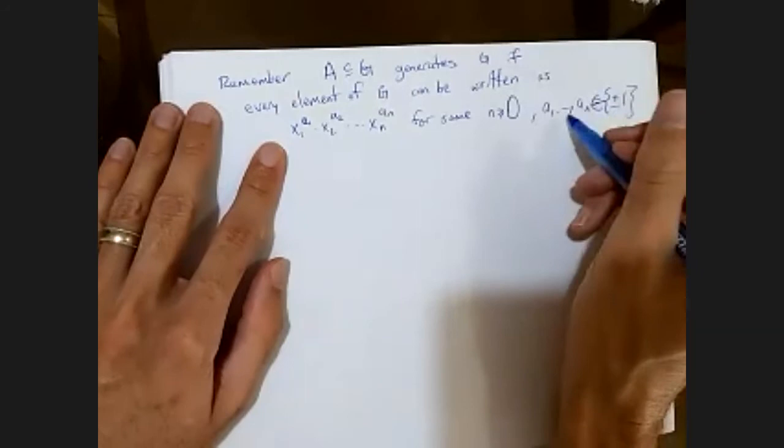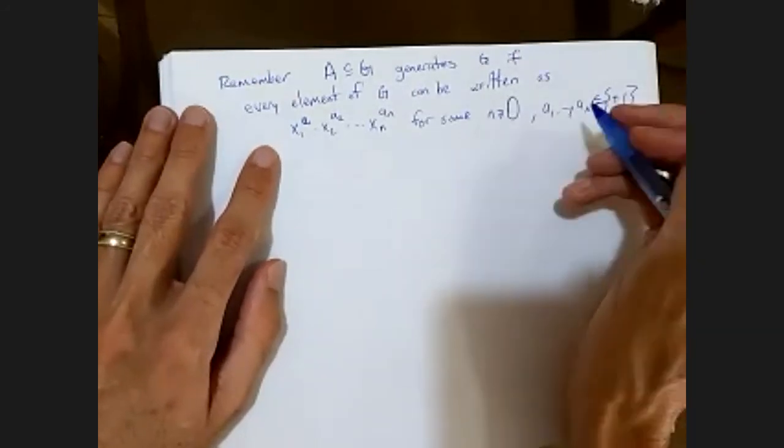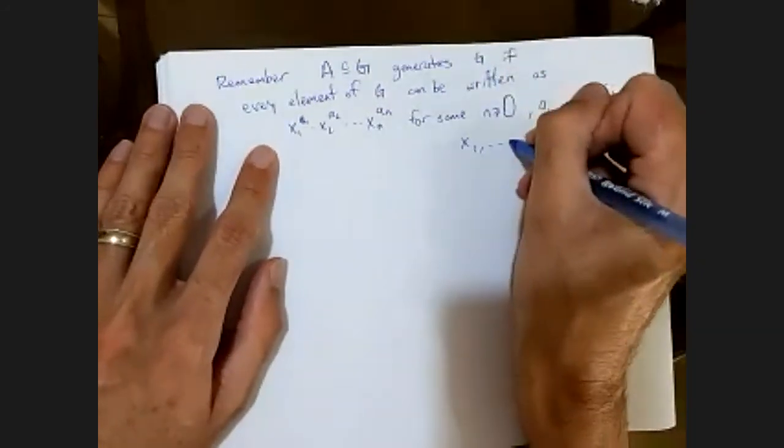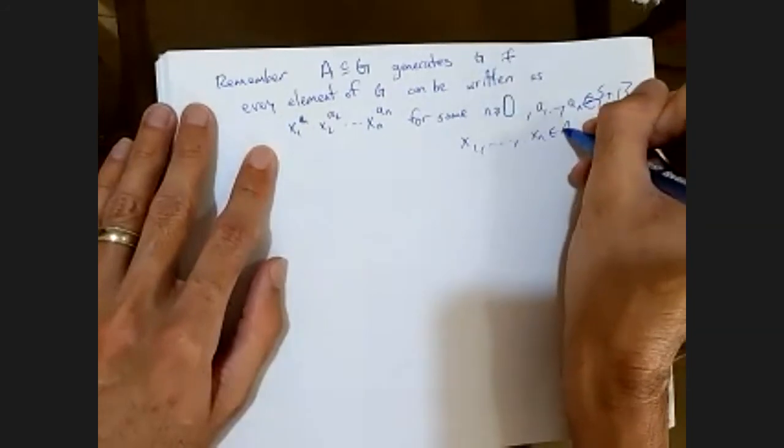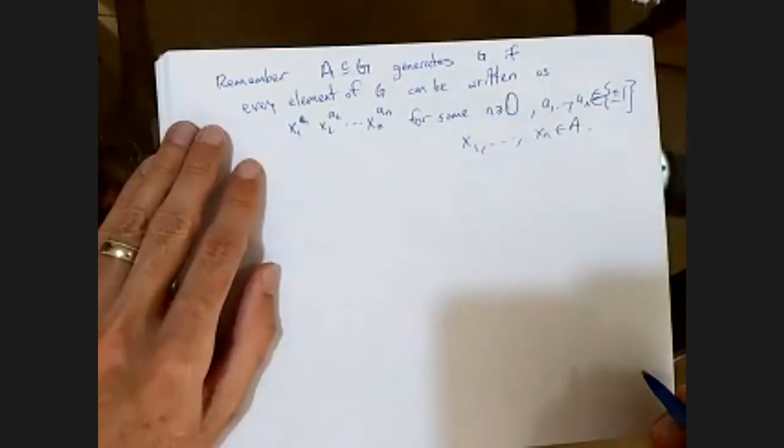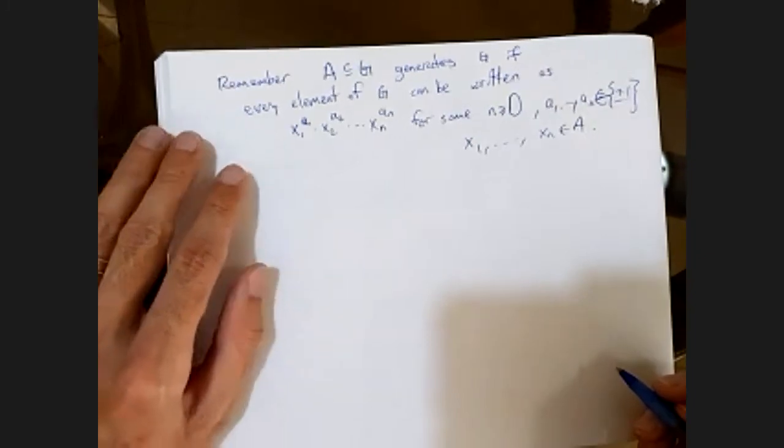The a's, the exponents, are either plus or minus 1, and the x's come from A. So that's when a subset generates a group.